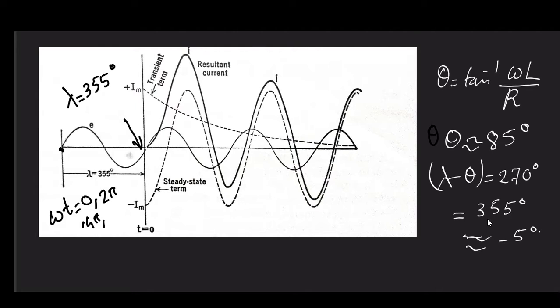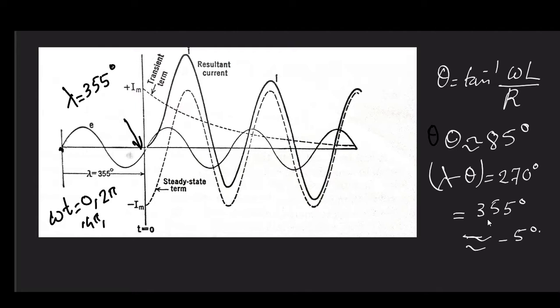So what about your current? Whenever we talk about leading and lagging, we always mention the steady state component. The steady state component of the current is lagging behind by an angle of 90 degrees or near 90 degrees.